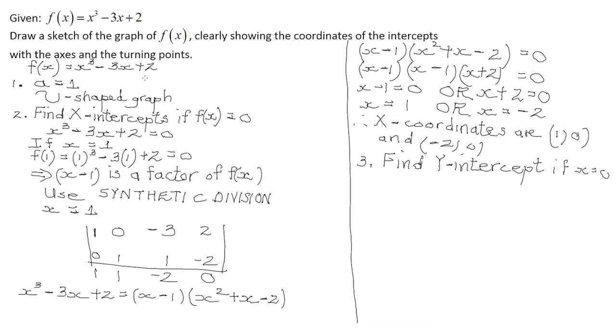So you move to your initial expression, the function where x is equal to 0, which means all x's will now become 0. Minus 3 times 0, plus 2, and you can clearly see your answer there is 2.